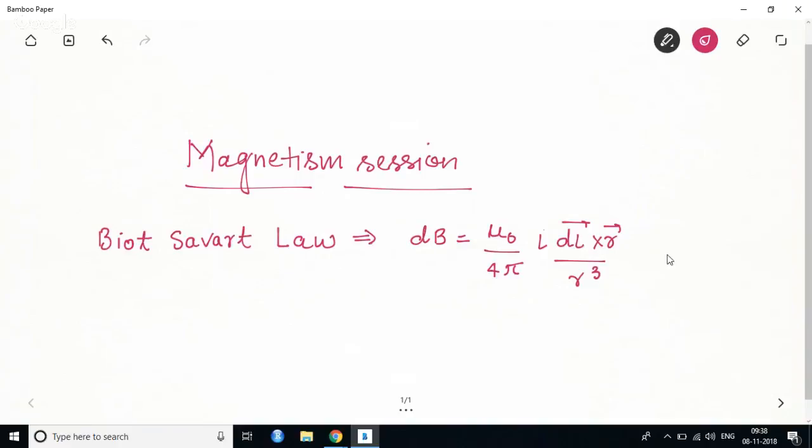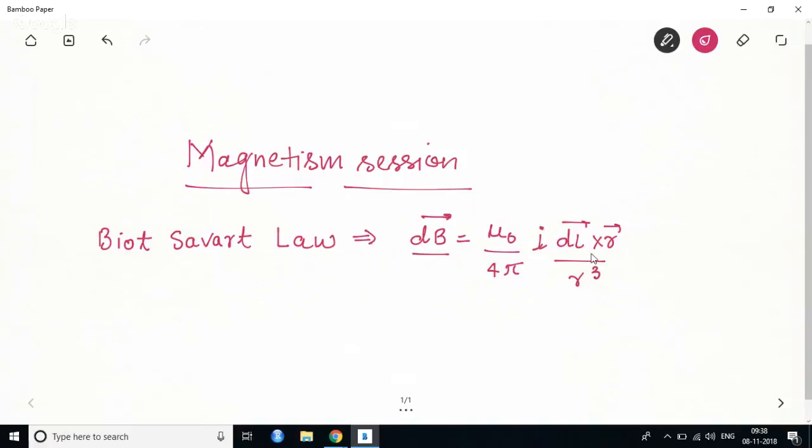I explained that the dl vector and r vector have been taken so that this can be a vector. Magnitude wise, the magnetic field is proportional to the length, proportional to the current, and inversely proportional to the square of the distance between the point and the current carrying conductor.